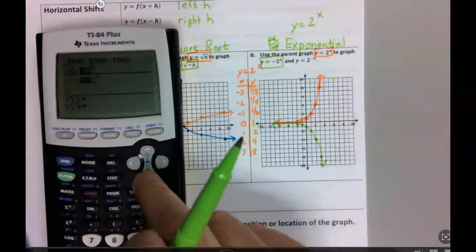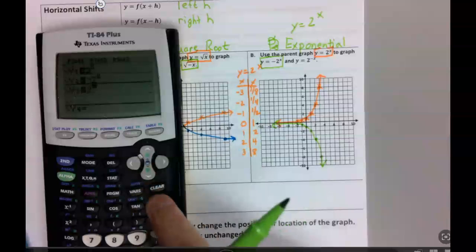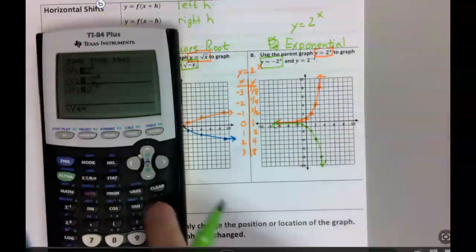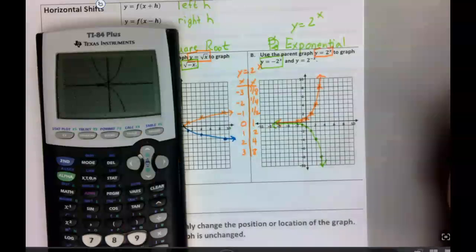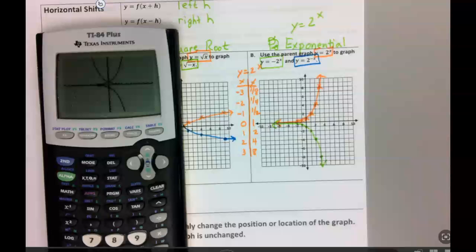Okay, let's do the next one. So we have 2 to the power of opposite of x. And let's see what we get. Now we're reflecting across the y-axis, aren't we? Agreed?